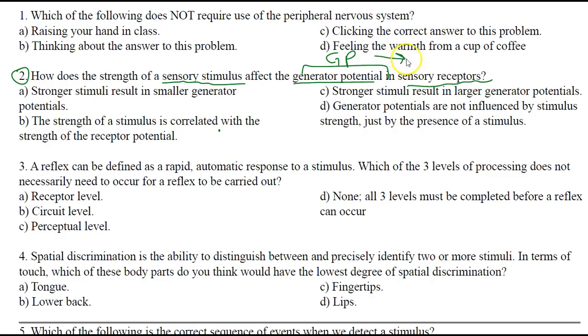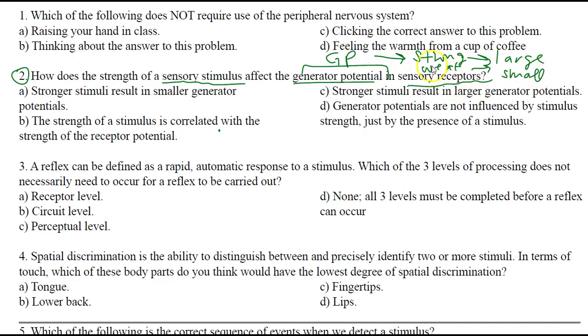Now, what do we know about graded potentials? If you have a large, well, instead of large, we'll say strong stimulus, then again, you're going to have a large graded potential. And if you have a smaller stimulus, or you can even say weak, then you're going to have a smaller graded potential.